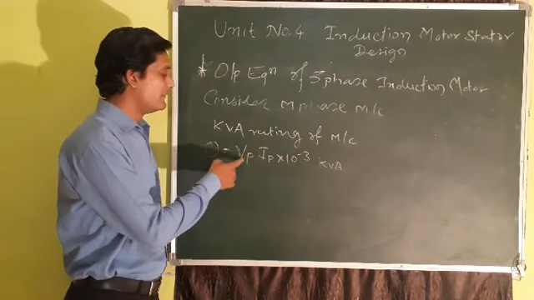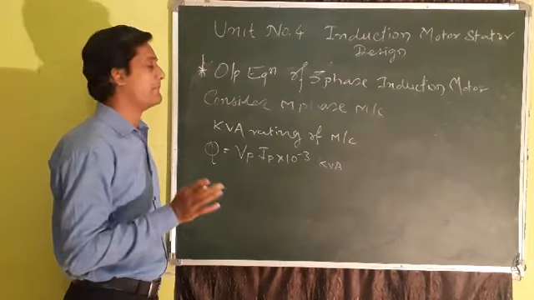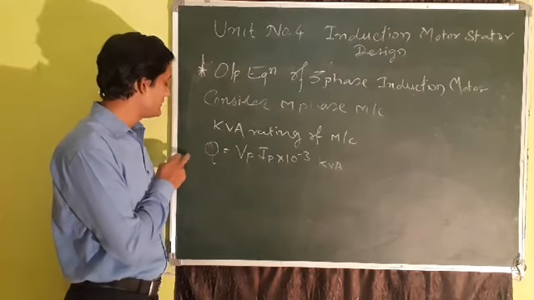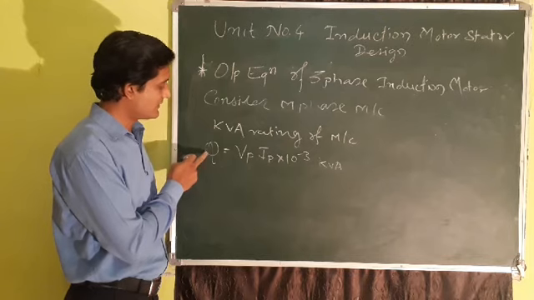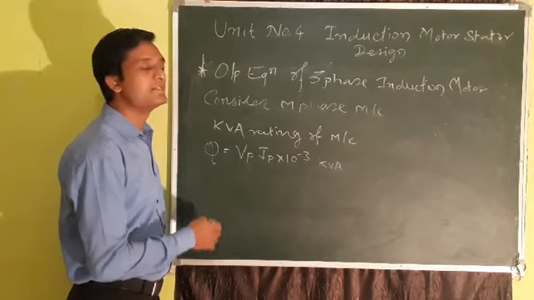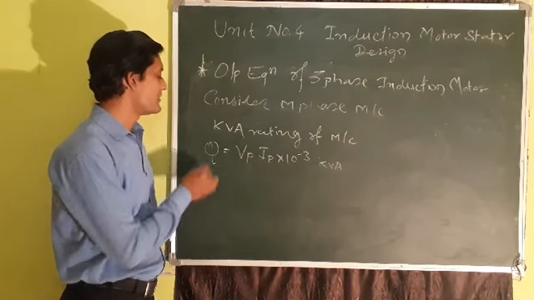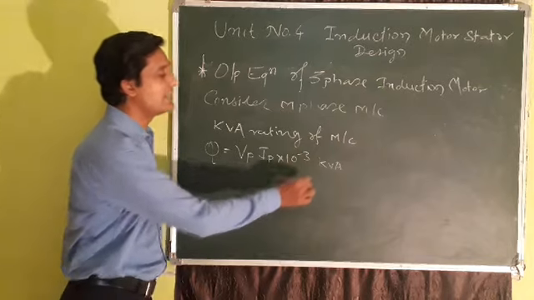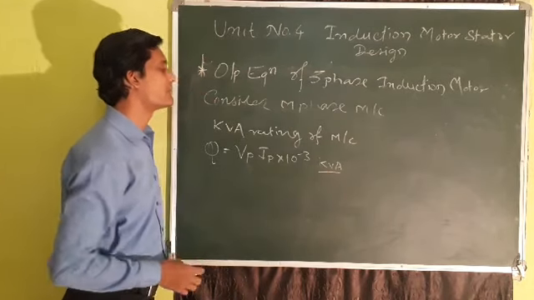Already we know that Vp and Ip are in volt and ampere and Q is in kilovolt-ampere. So Q into 10 raised to power 3 gives Vp into Ip, so on the right hand side it is 10 raised to power minus 3. Okay, this is most important.